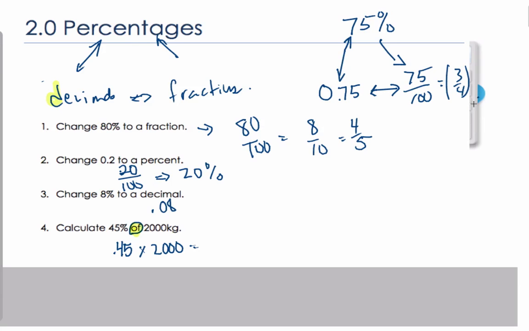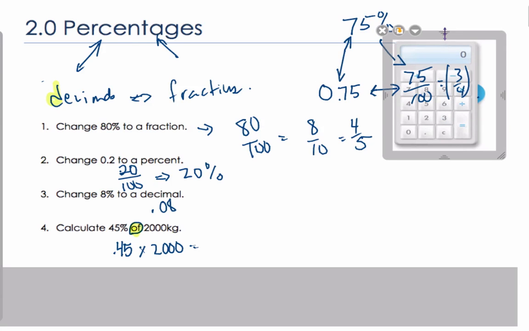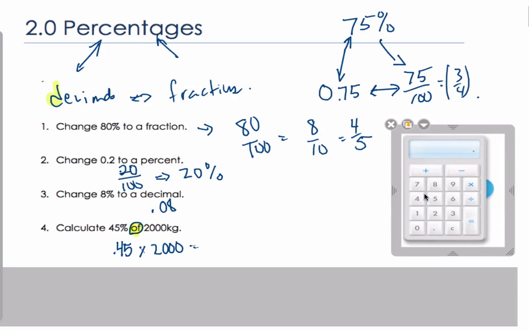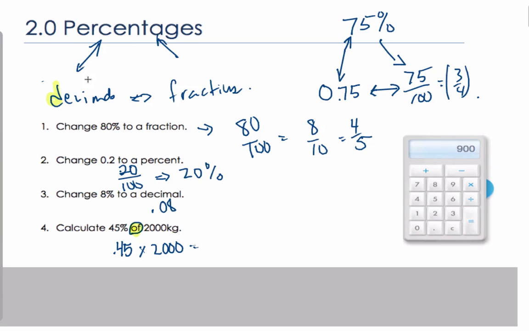If I do that quick calculation, I'm going to say 0.45 times 2,000. I end up with 900 kilograms is 45% of 2,000.